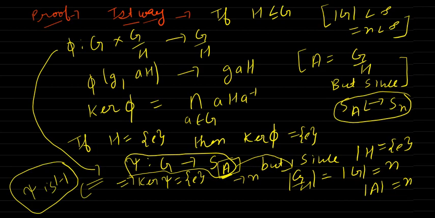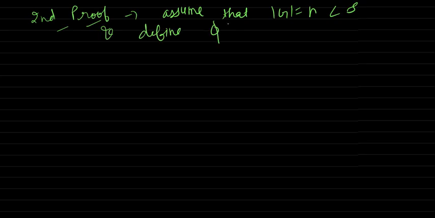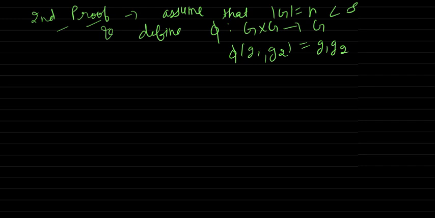Let's see another way. This is the second way, the second proof. For the second proof, what will we do? Assume, as we assumed earlier, that the cardinality of G is n, which is finite, and define the group action phi from G cross G to G in the natural way, that phi of (g1, g2) is equal to g1 g2, the product in G as it is.